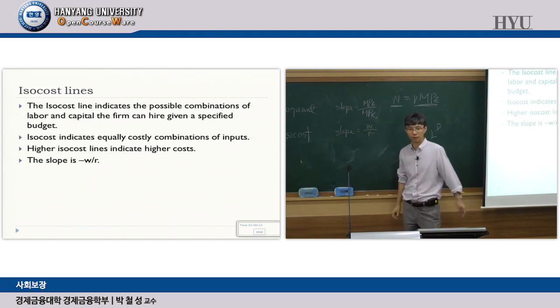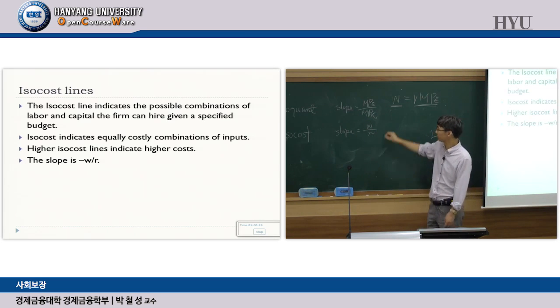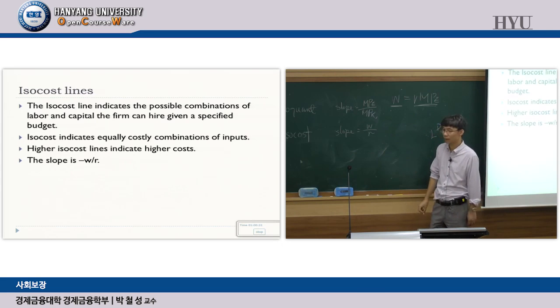The slope of the isocost is W over R. Actually, they each have a negative sign, but we just forget about the negative sign. And slope is going to be important. I mean, in economics, in every diagram, slope is important.